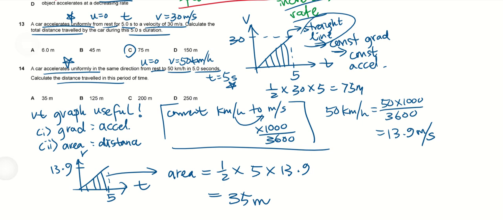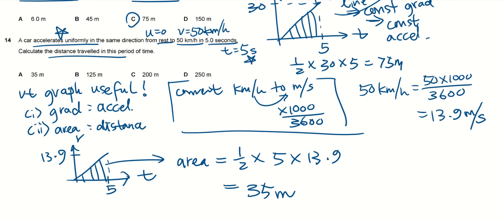Okay, I've written a bunch of notes here. I'm going to go through now. The car accelerates uniformly. That means it's going to have constant gradient, right? A straight line in my speed time graph. Guys, comparing distance time and speed time, which one is more useful? Speed time. Which one is more difficult? Speed time. Because it can test you on these two concepts.